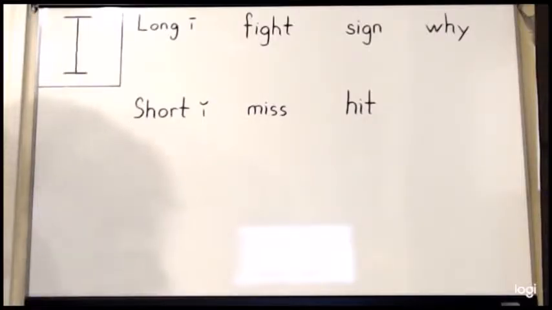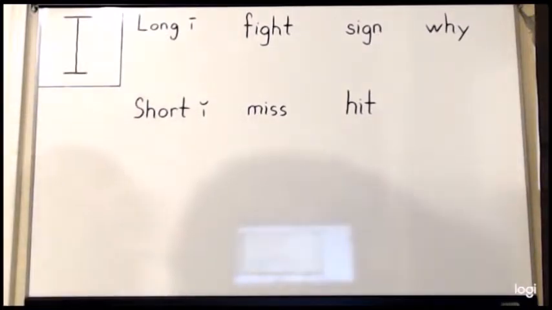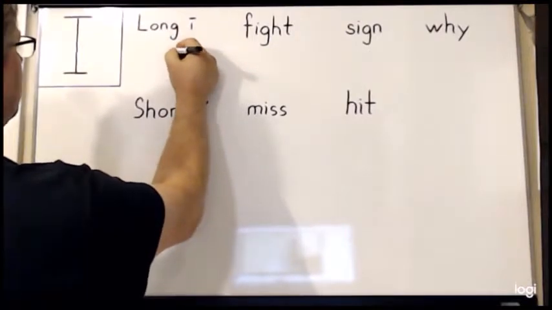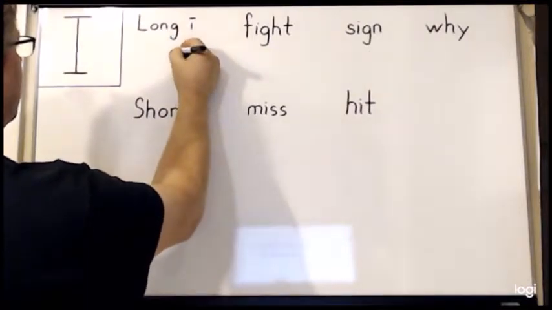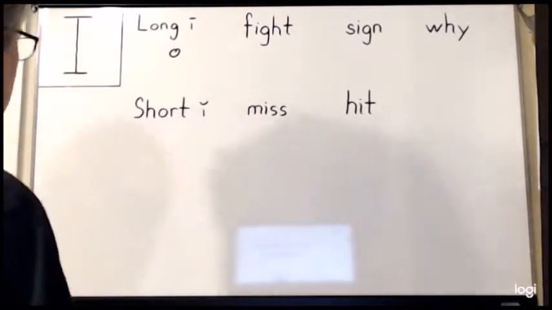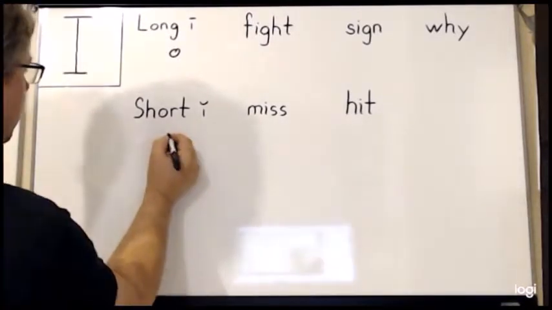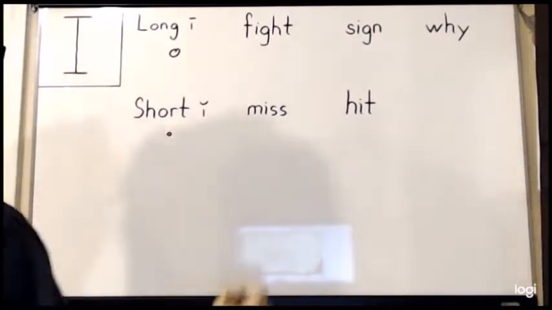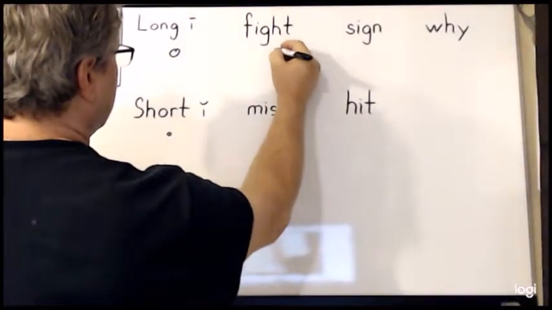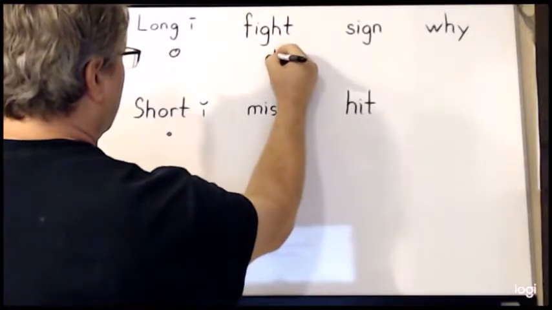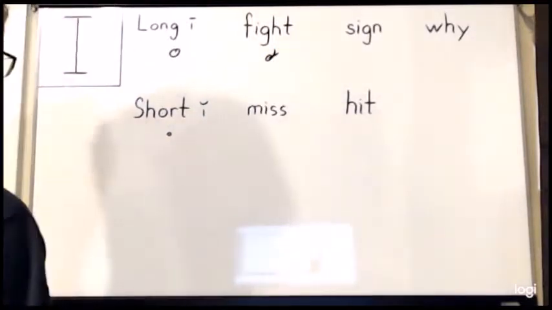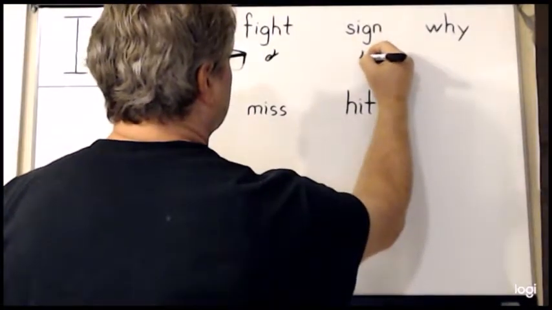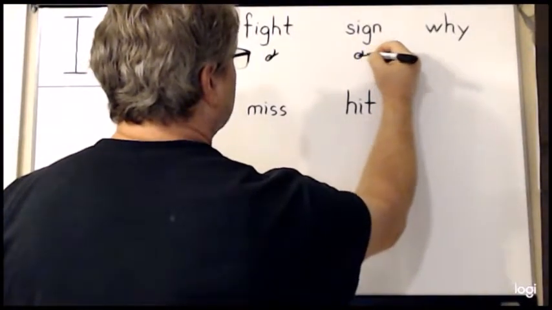For the letter I, there are 2 sounds and 2 signs. For the long I, we'll use the large circle with a line coming down in it. And for the short I, we will use a small circle. For the word fight, we'll write phonetically F-I-T. For the word sign, write S-I-N.